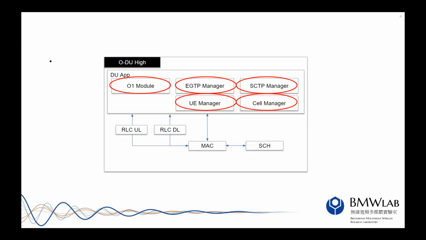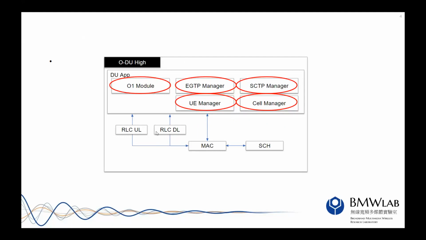I think you need to see the figure about the protocol stack, and if we want to communicate with the OCU, maybe we need to pass through the RLC downlink or uplink. But if we just want to report on the E2 interface, we will communicate with the DU app directly.